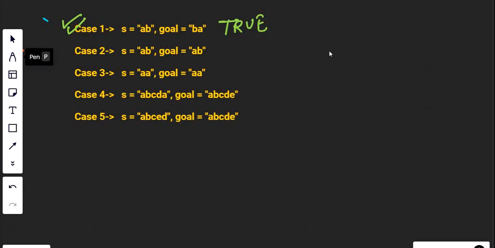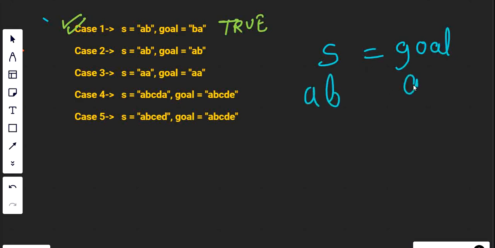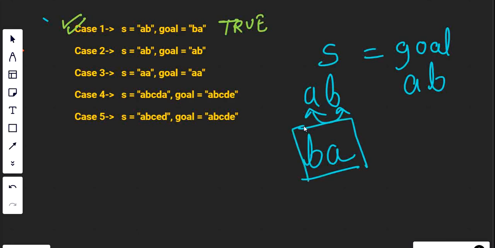In case 2, we can see S is equivalent to goal, right? Both are AB. So even if I swap A and B, it will become BA, and we know that in this case BA won't be equal to AB. So this is one case when the length is the same and the strings are also the same, but still every character is appearing only once.